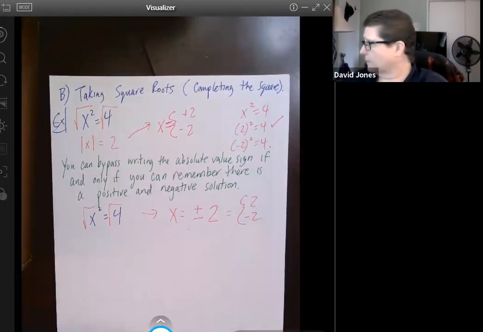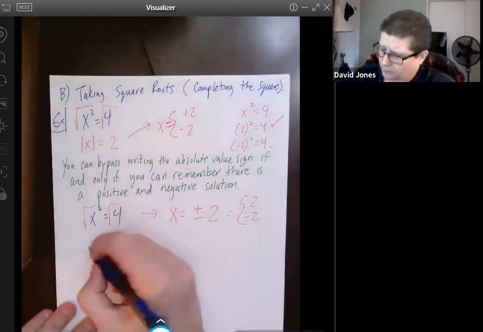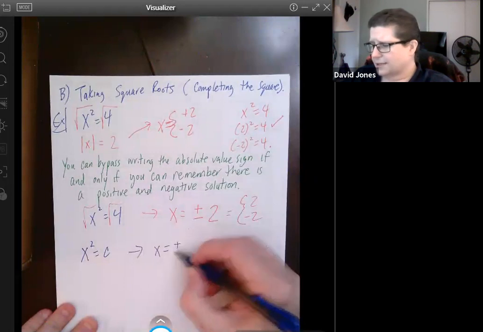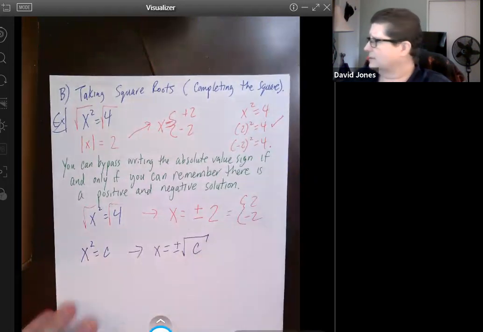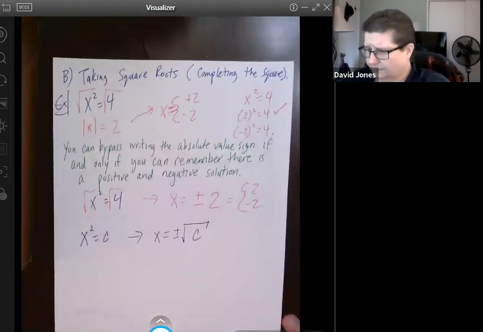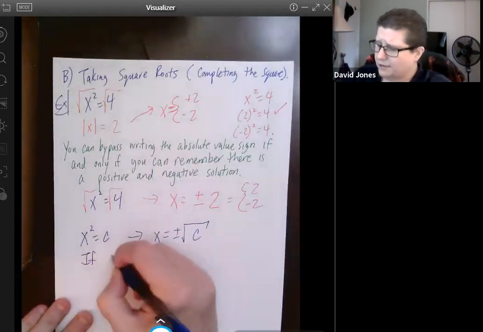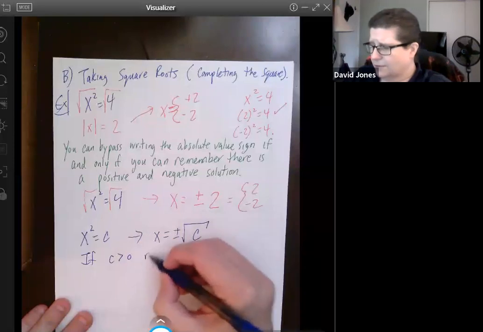Okay? This actually works for any number, so x squared equals c leads to x equals plus or minus the square root of c. If c is greater than 0, we've got real numbers.